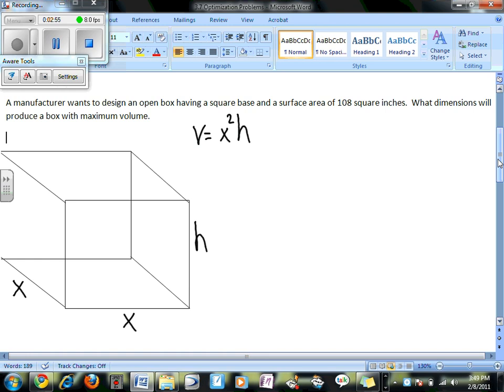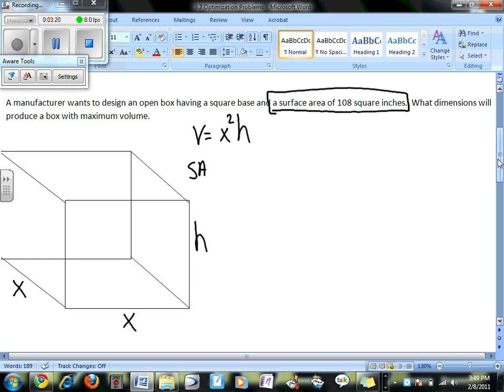Step number 3 was to get our primary equation to have only one variable using a secondary equation. And remember what I just said: it's some stipulation that the problem gives you. They gave us a stipulation that our box can only have a surface area of 108 square inches. So for our secondary equation, we better write the surface area equation.